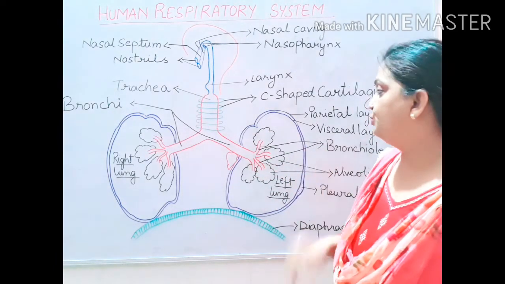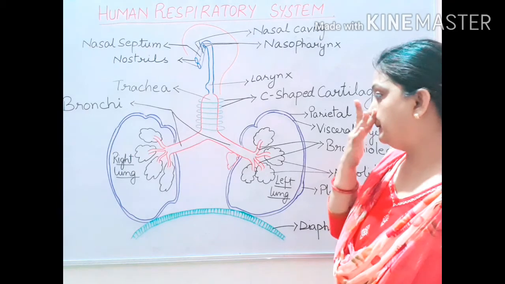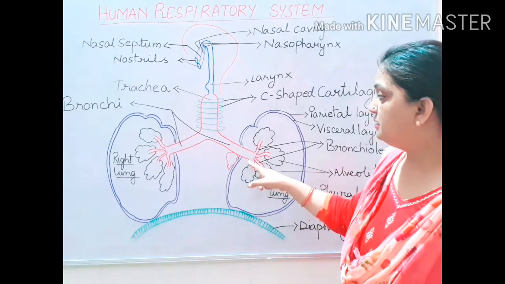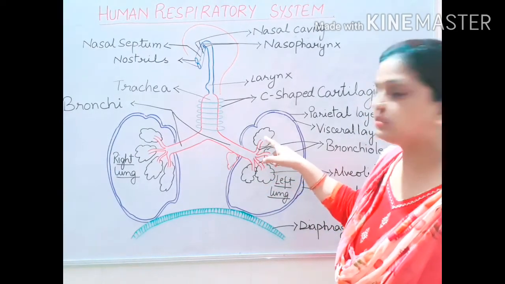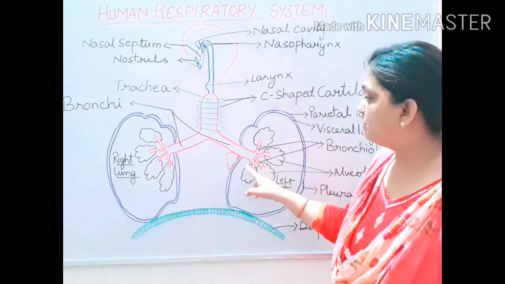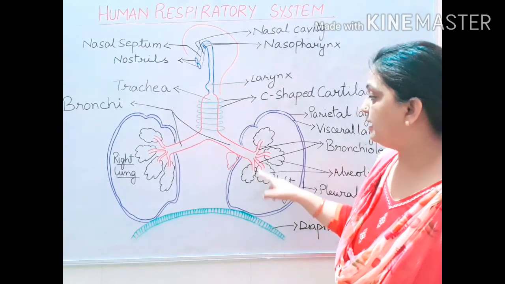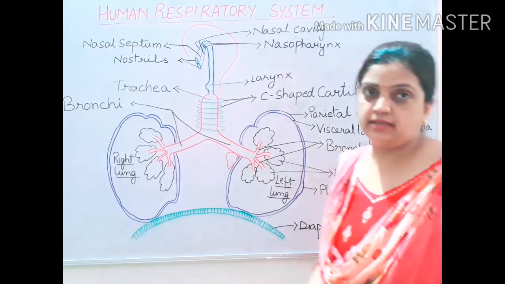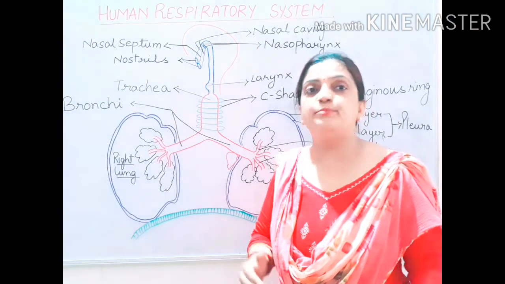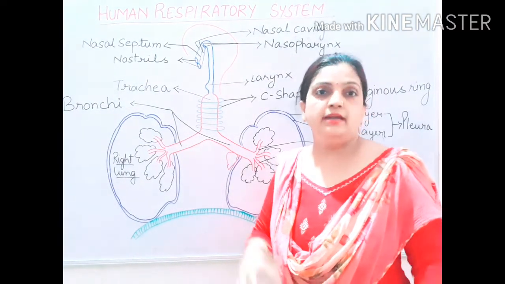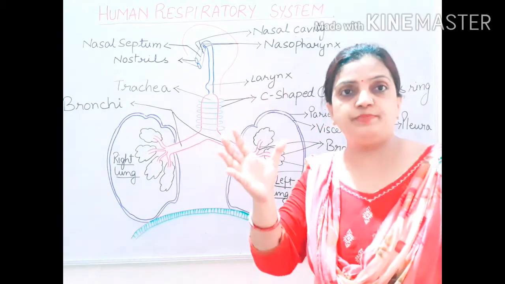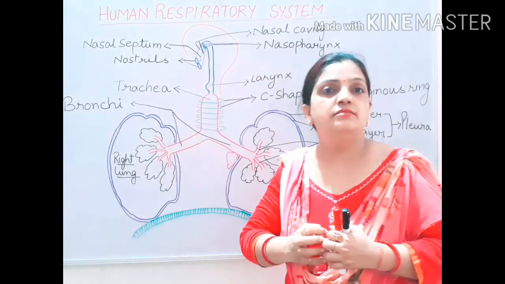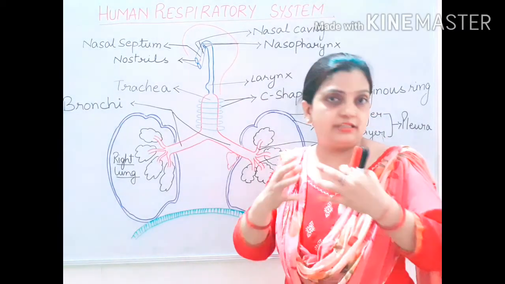Now children, you can see that the bronchi present inside the lung are enclosed by alveoli or air sacs. This alveoli is a balloon-like structure. It can swell up and then it can squeeze down.